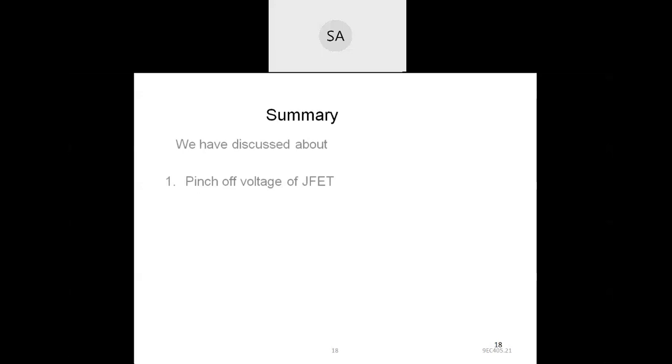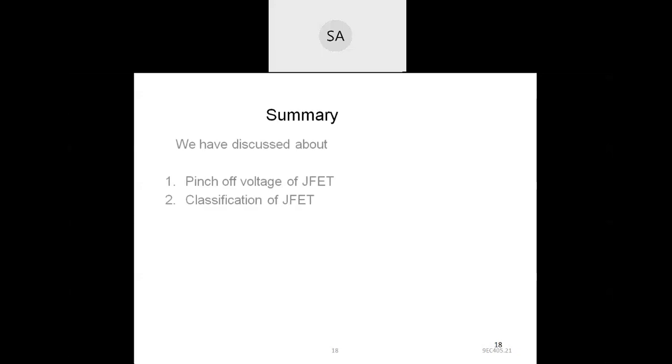So, at the pinch off voltage, the drain current is constant. If the gate voltage increases negatively, the pinch off voltage decreases, and the breakdown voltage is also reduced.